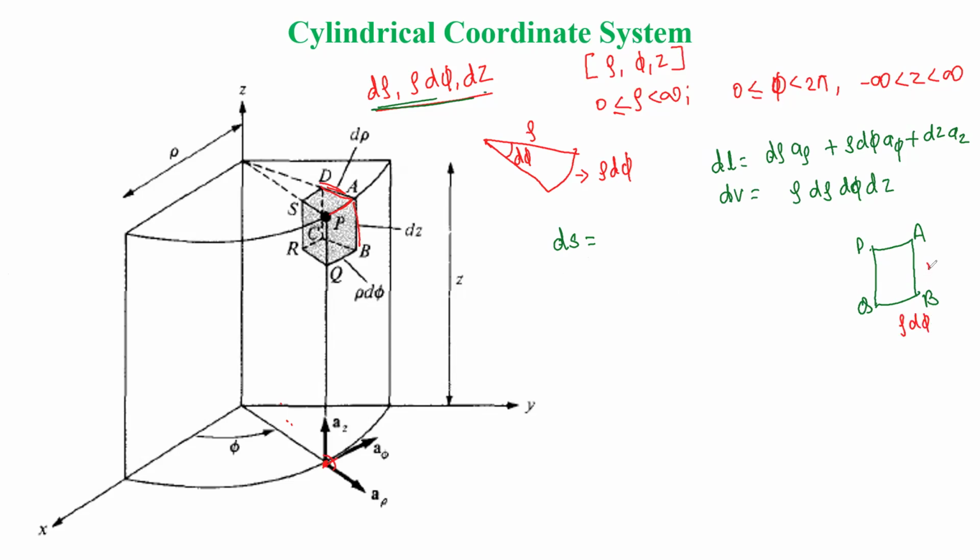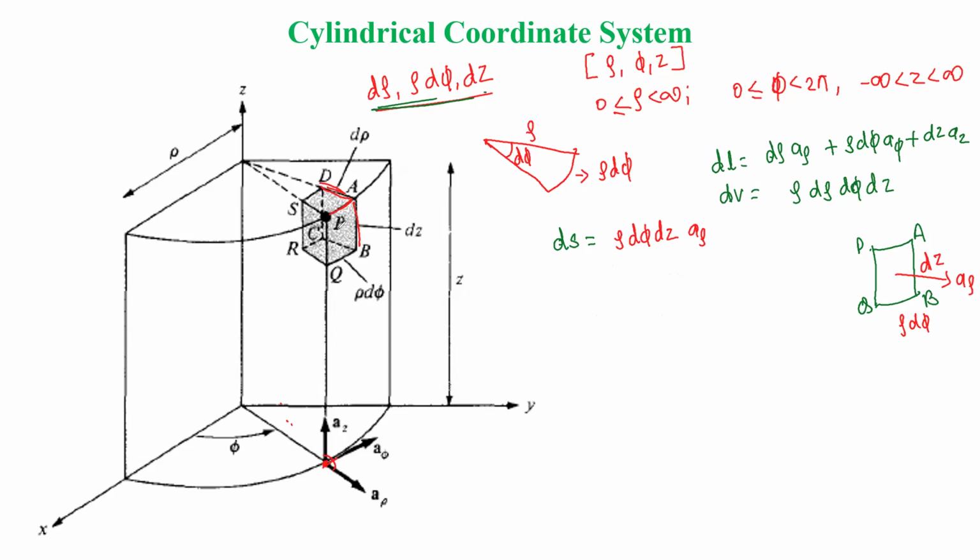And what is the AB? Is along the z axis, so dz. What about the vectors? Unit vector perpendicular outside this, that is what? A rho. So finally, surface area is what here? Rho d phi dz, area vector, that is the a rho.